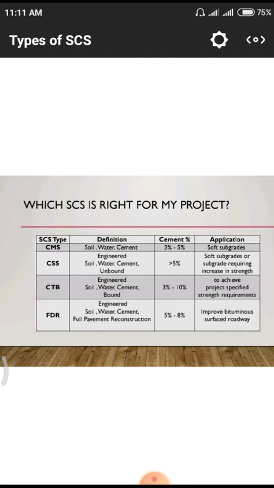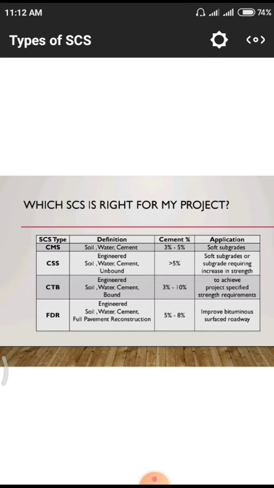How will they be applied? The first one is totally related to soft subgrades. The second one is related to soft subgrades or subgrades that require more compressive strength, and CTB is related to achieving the project's specified strength requirements. That means some projects are constructed with a huge amount of built area, a large number of floors.